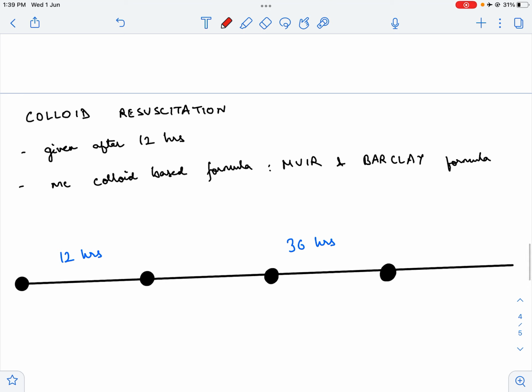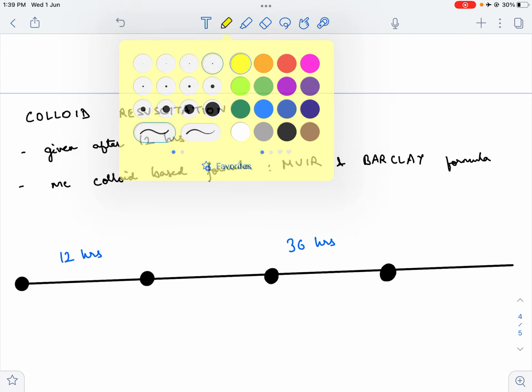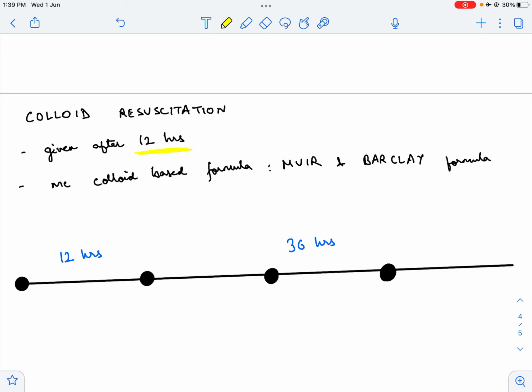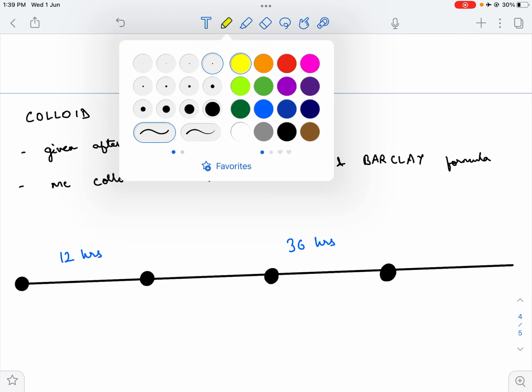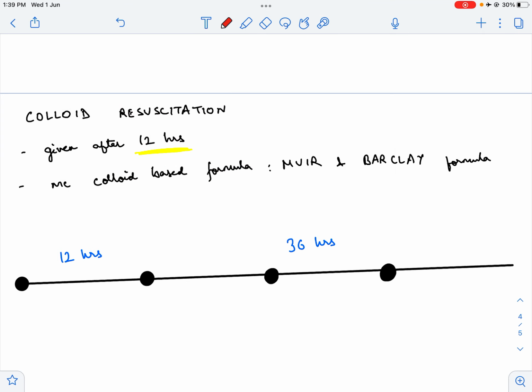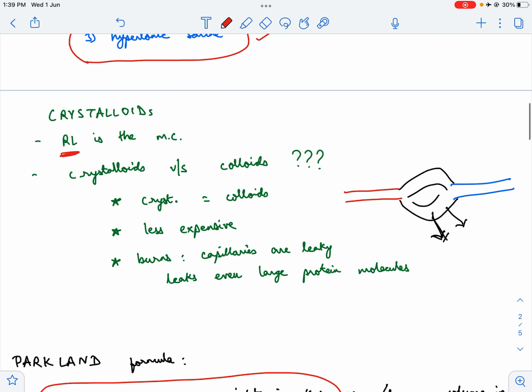Lastly, let us look at colloid resuscitation. Colloid resuscitation is always given after 12 hours. Let me use a different color. It is used after 12 hours. Now, why is it used after 12 hours? This is because, as we discussed earlier, I'll tell you where I discussed this exactly.